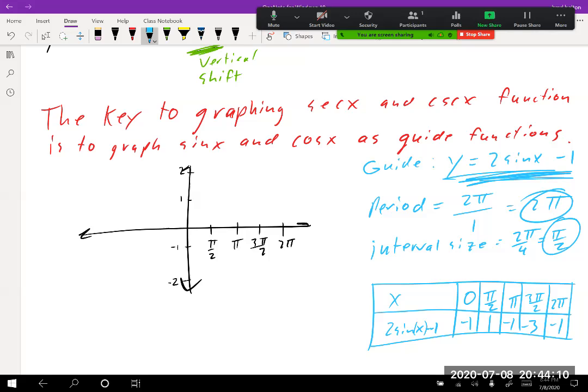All right, so let's plug this in. So 0, negative 1, right there. Pi halves, 1, right there. Plug a pi in there, that's 0, that's back to negative 1. Plug 3 pi halves in, that's back to negative 3.